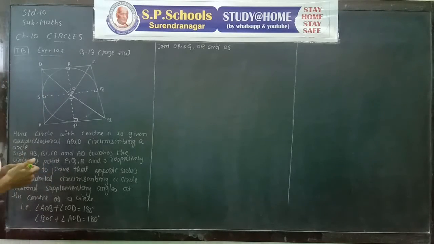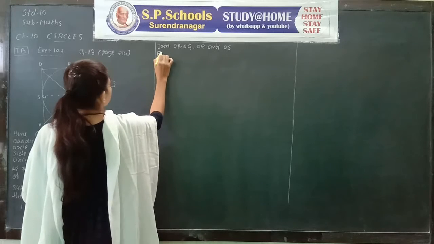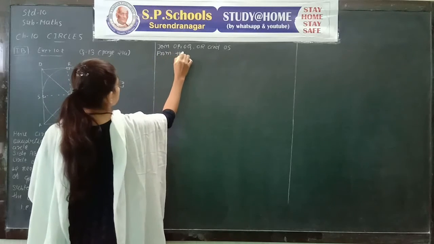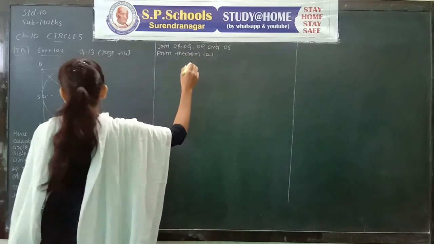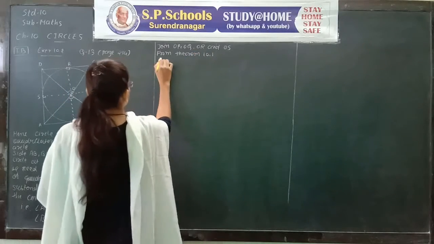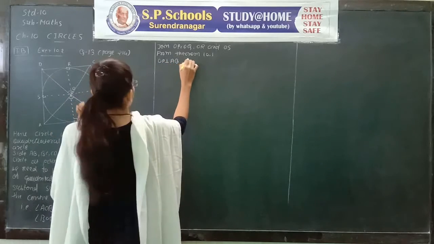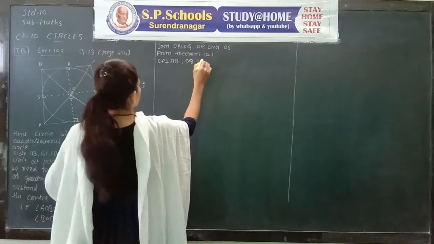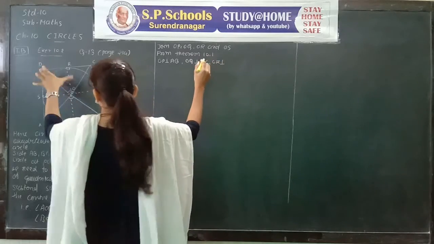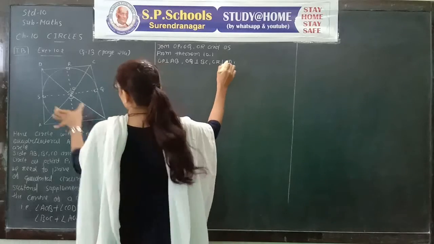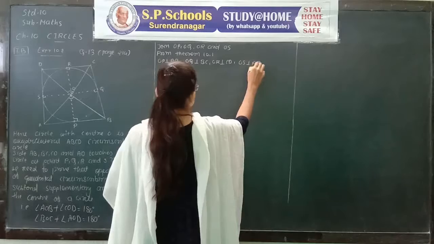They are perpendicular to the tangents. From theorem 10.1, OP is perpendicular to AB, OQ is perpendicular to BC, OR is perpendicular to CD, OS is perpendicular to AD.